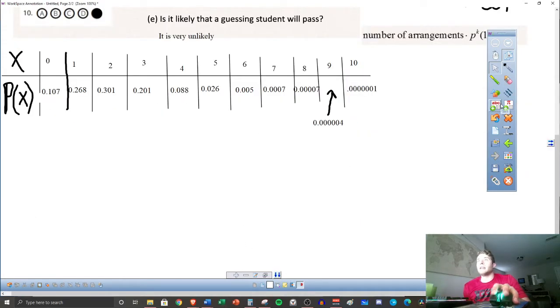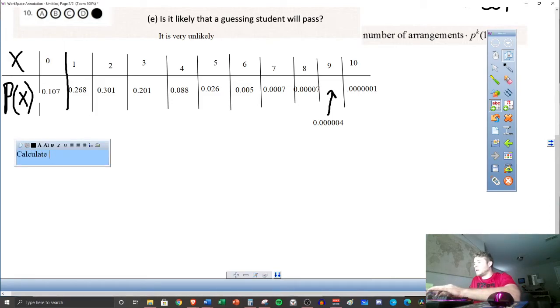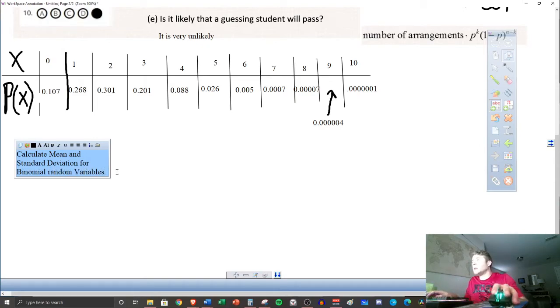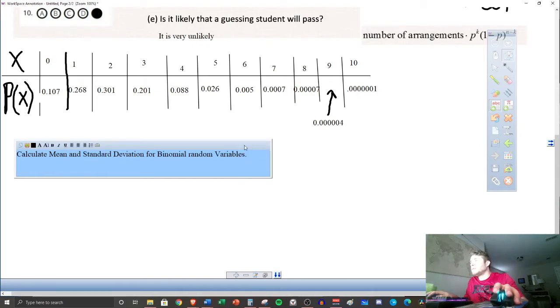We want to find and calculate the mean and standard deviation for binomial random variables. So go ahead and put that in your notes.